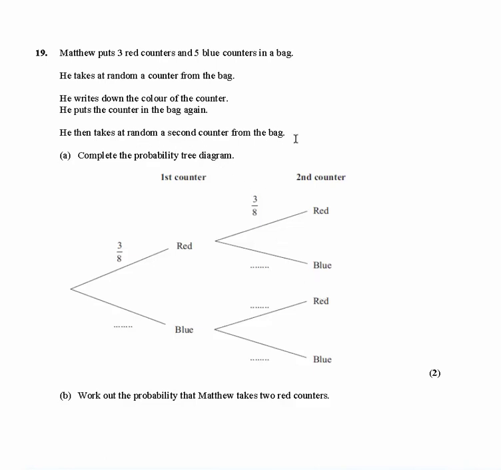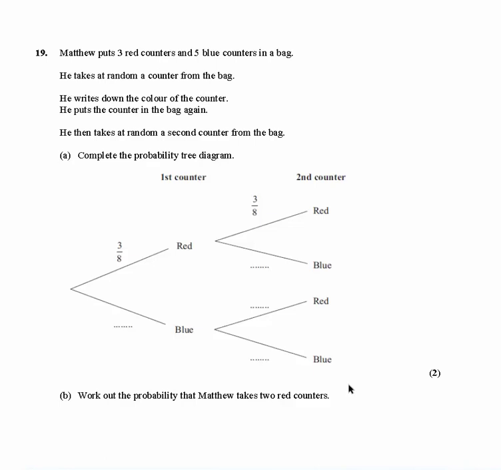Because if he's taking out 2 counters from the bag, what could they be? They could either be red, red; red, blue; blue, then red; or blue, then blue. And so we've got the 4 different things that can happen. And you can work out the probability of 2 things happening by multiplying their individual probabilities.